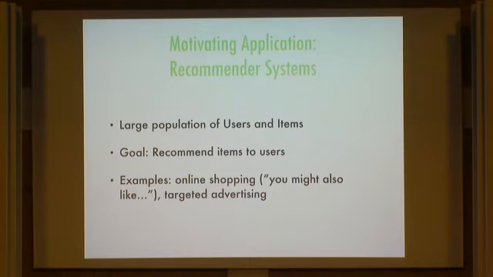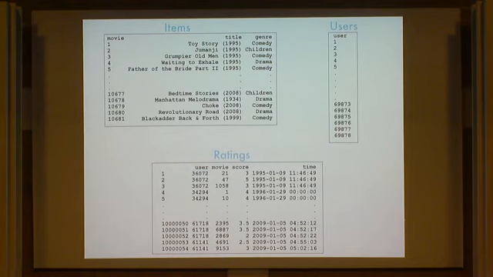This shows up all the time, most prominently in online shopping applications, or let's say you go into Netflix, they have to decide what movies to recommend to you, and so on. To make things concrete, I'll be thinking of movie recommendations.